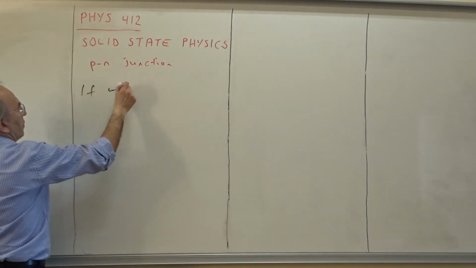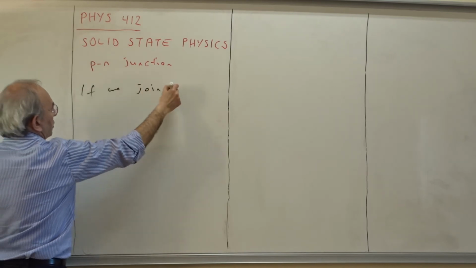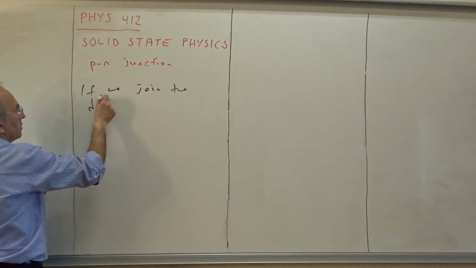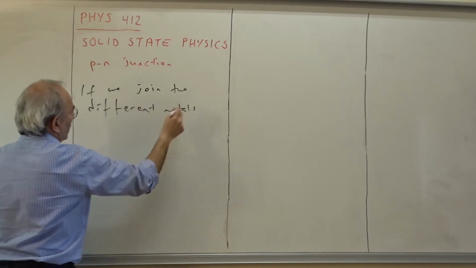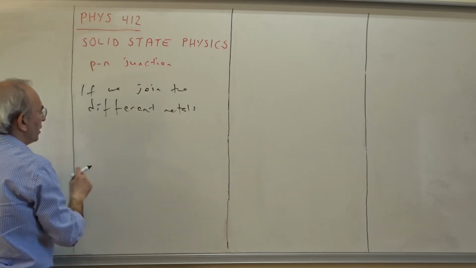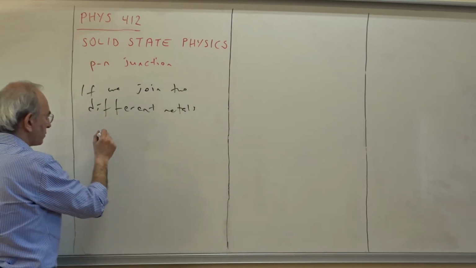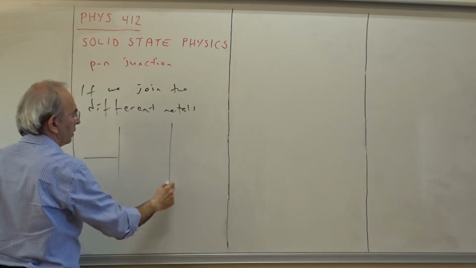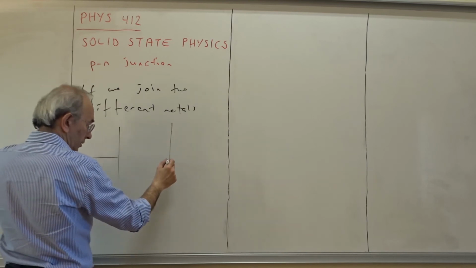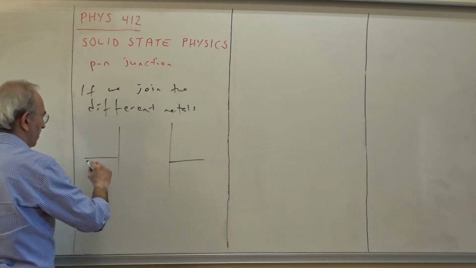If we join two different metals, what happens? Let's say we have one metal and another metal separately.